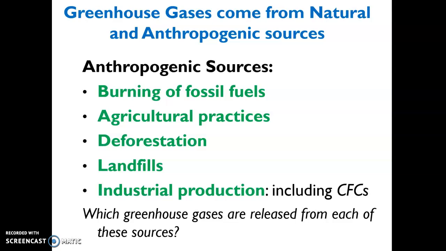Next is landfills. As you probably recall from the landfill chapter, both CO2 and methane, mainly methane, are released from landfills because of anaerobic digestion of bacteria that are digesting the trash. And then last but not least, we have industrial production of chemicals such as the CFCs.